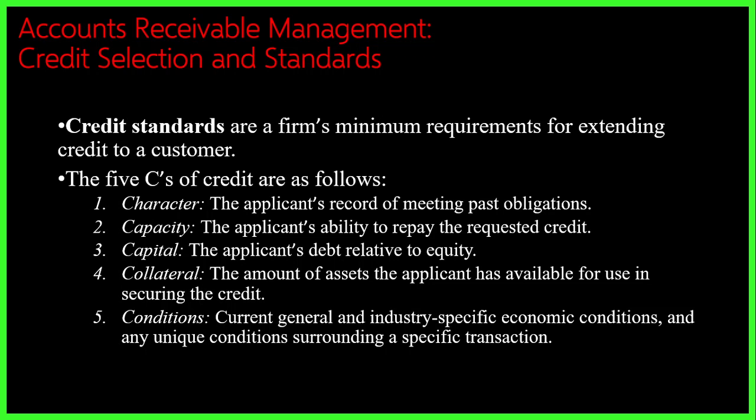Now, 1, 2, 3, and 4, these are most of the time, hindi, all of the time, dependent on the borrower. Number 5 is a little unique kasi the borrower doesn't have any influence or control. It's the condition, it's the current, general, and industry-specific economic conditions and any unique conditions surrounding a specific transaction.